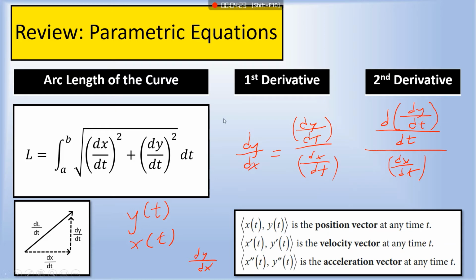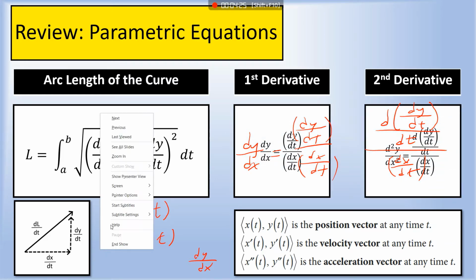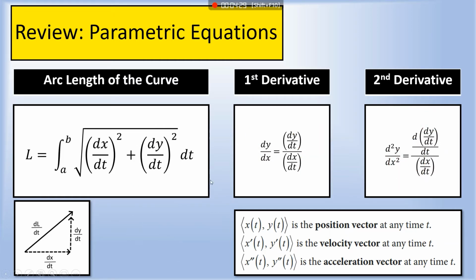So write that out again. So our first derivative, we're just dividing dy over dt over dx over dt. For the second derivative, we derive our first derivative, dy over dx. I think I've got a mistake here, actually.